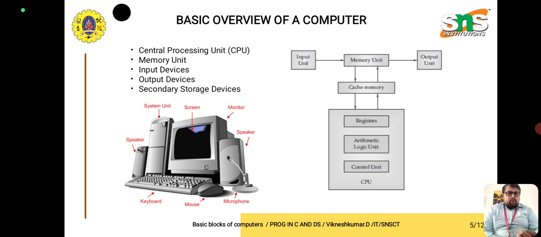From there it goes to a register, takes the data, and the arithmetic logic unit performs numerous actions and instructions. The control unit controls how much time this logic takes, and the output is sent to the same memory unit, and from the memory unit to the output unit.